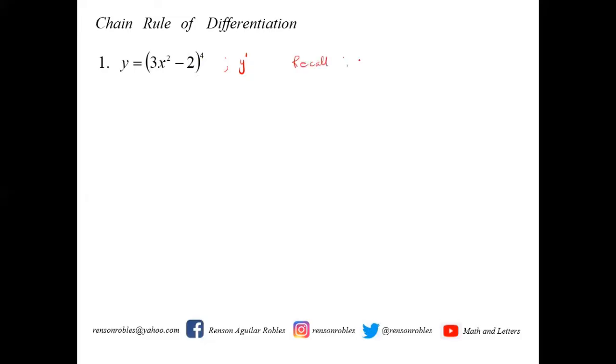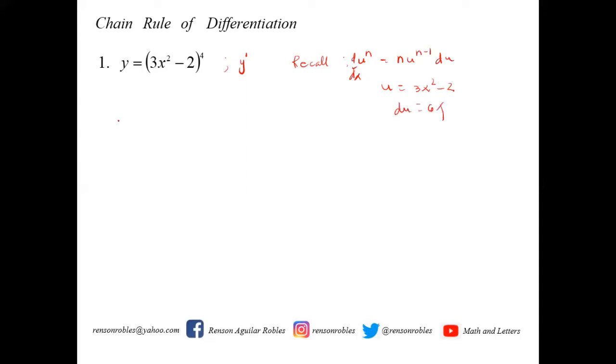So that is the derivative of u to the n is n u to the n minus 1 du. And you shall take note that u is represented by 3x squared minus 2, okay? And then the derivative of your u is 6x.